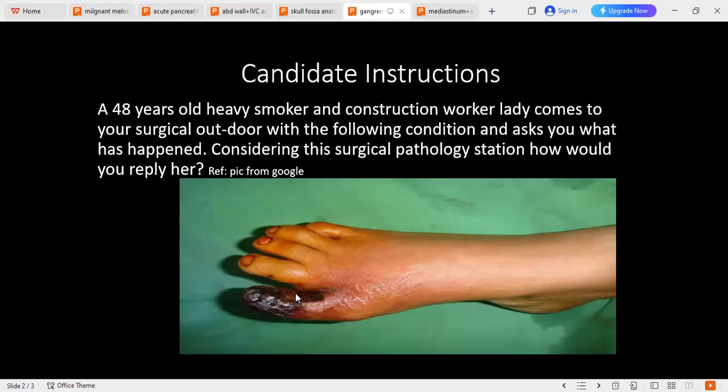Please tell me what are the risk factors which give rise to gangrene? Ischemia to the organ. No, more risk factors. Hyperlipidemia, diabetes, family history, increased LDL, hypertension, and smoking.